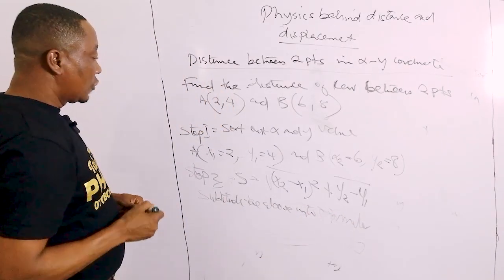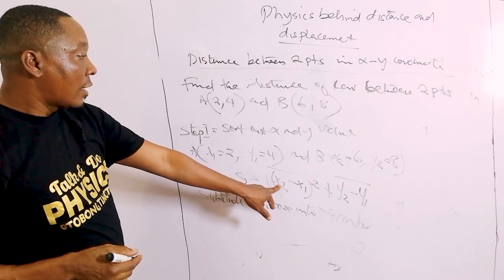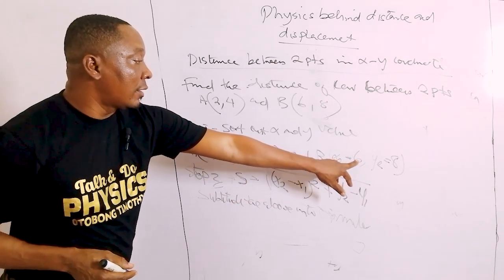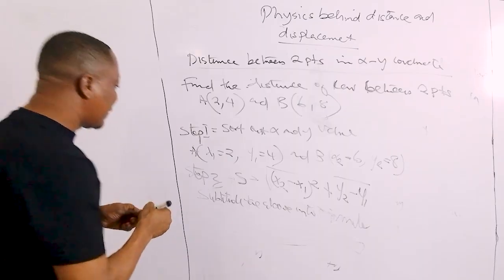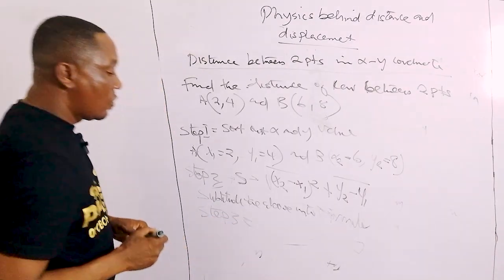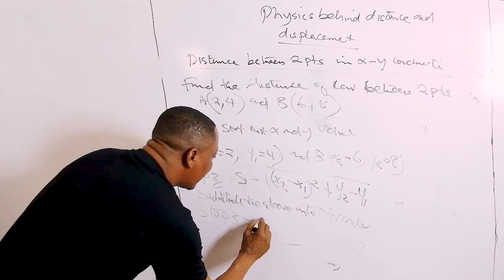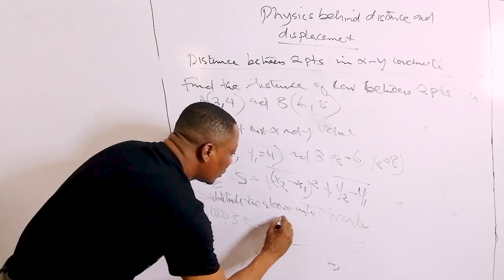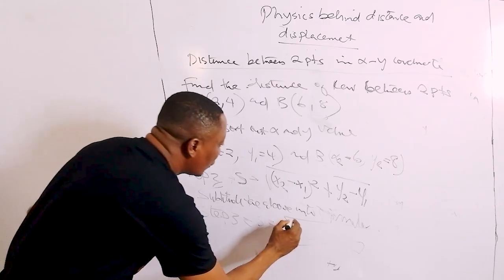When you see x2, you replace it with a figure. When you see x1, you replace it, and that is step 3. So d equals the square root of (x2 minus x1) squared.